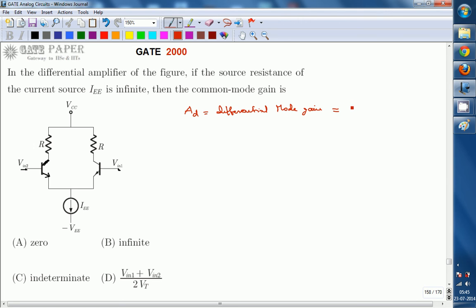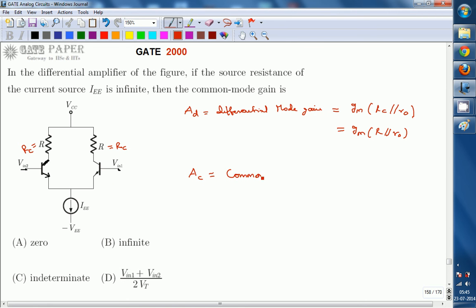It is given as gm times (RC parallel r0). Here RC is the collector resistor, which is R in our circuit diagram, so you can write gm times (R parallel r0), where r0 is the output impedance of the BJT. So this is the differential mode gain, and the common mode gain can be written like this.